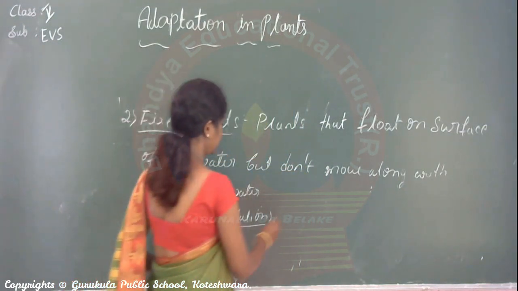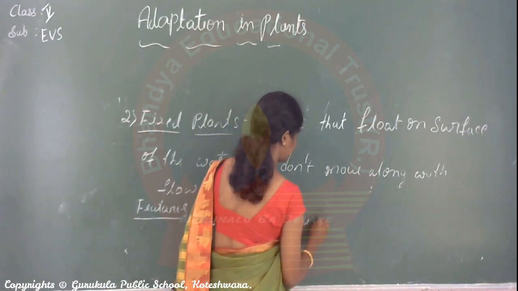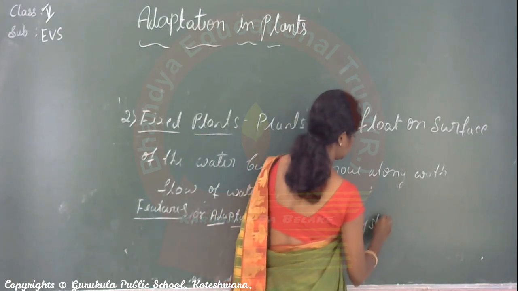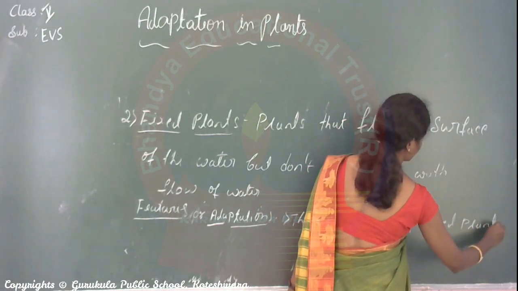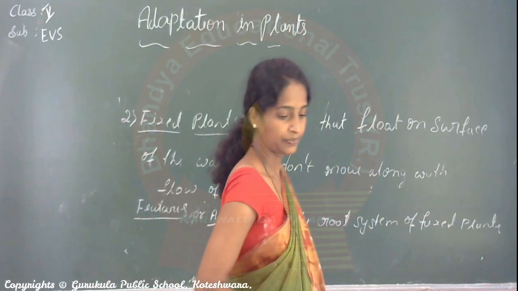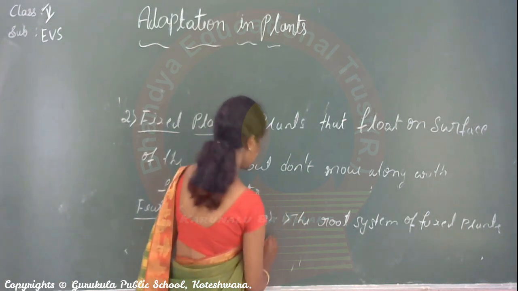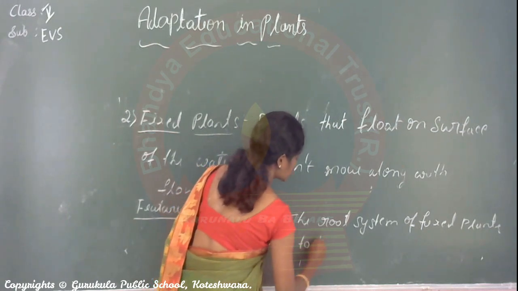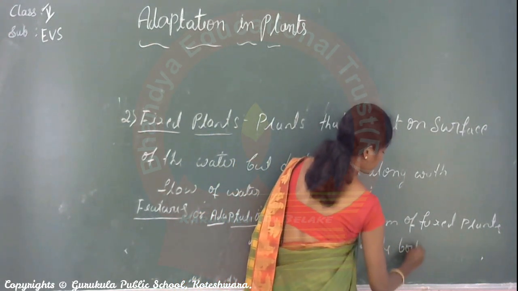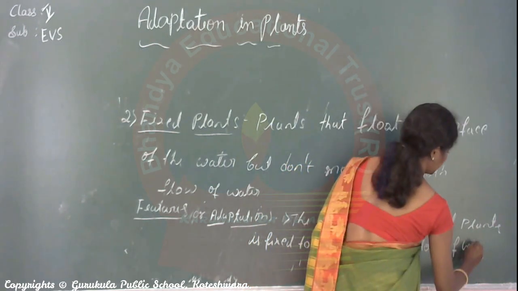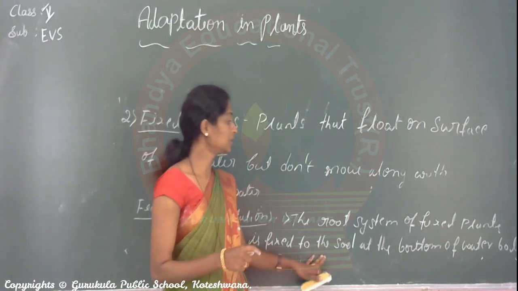So adaptation or features. First one is the root system of fixed plants is fixed to the soil at the bottom of the water body.